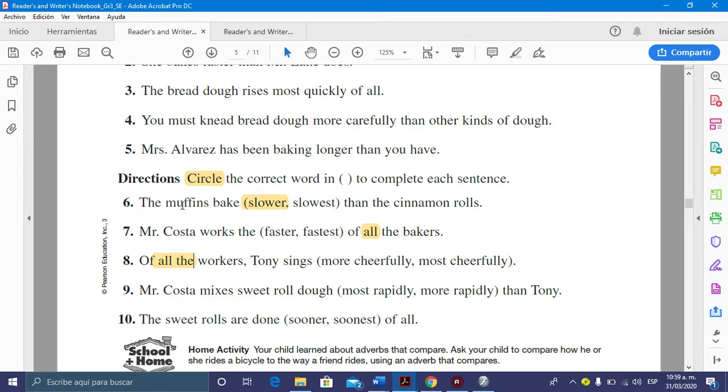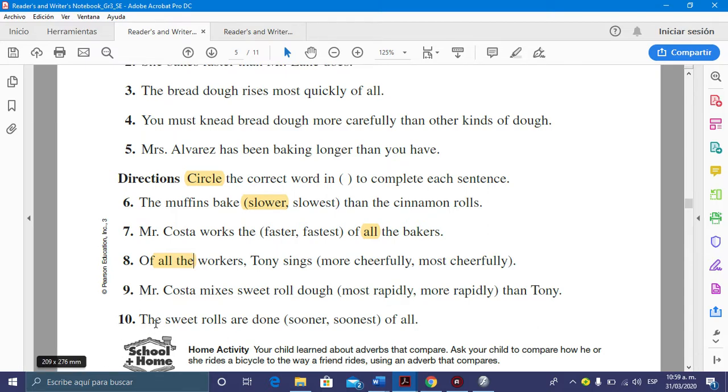Comparative, as in number 6. Number 6 uses comparative. In number 9, you have to use comparative because you are comparing Mr. Costa and Tony. So the answer, you already know the answer. This is easy.